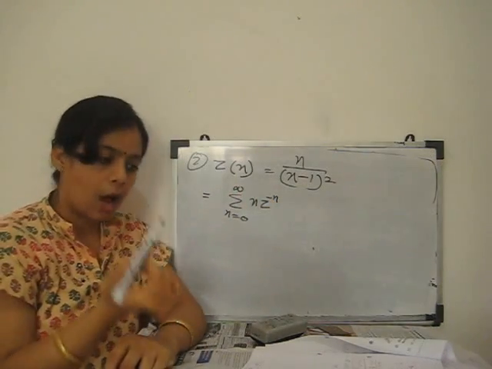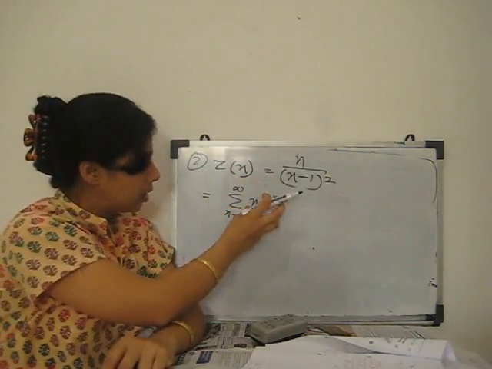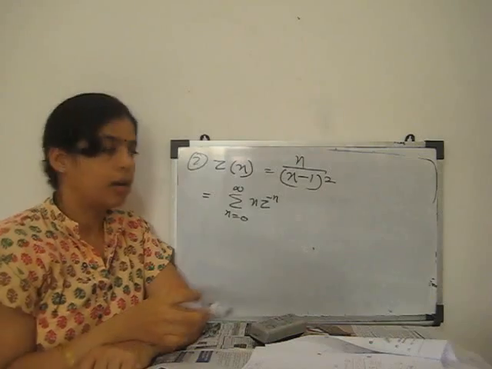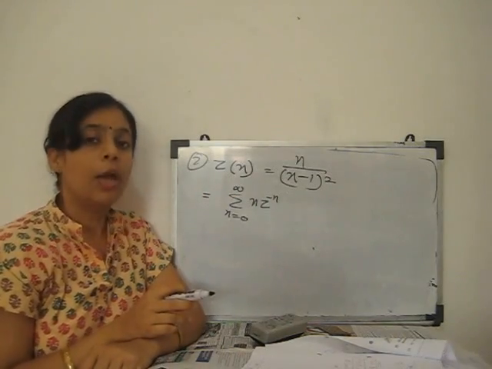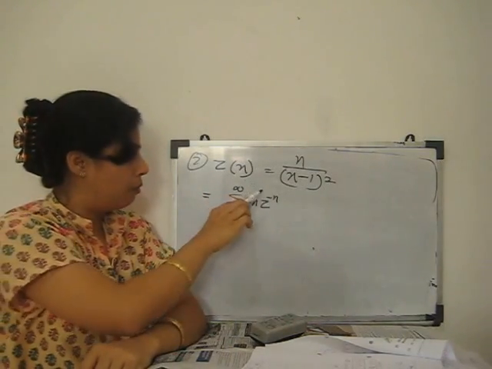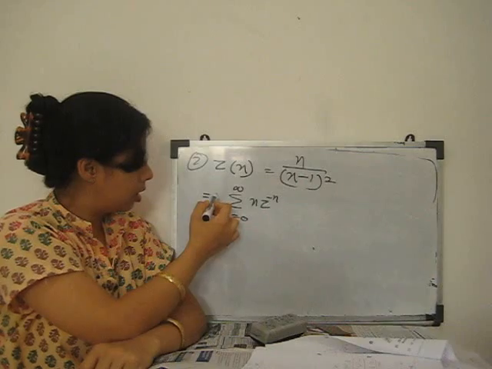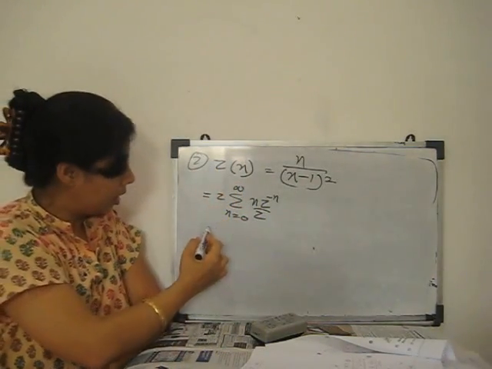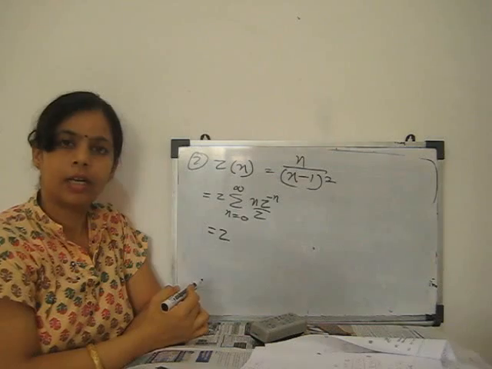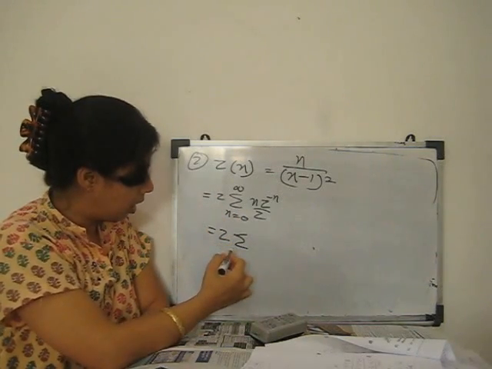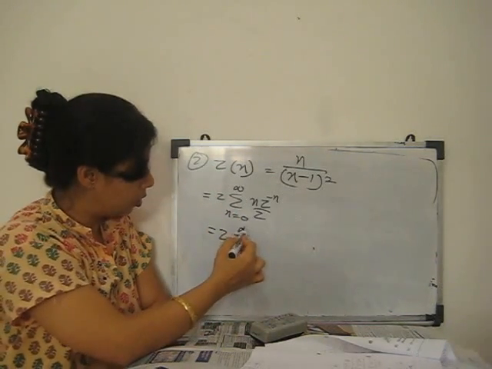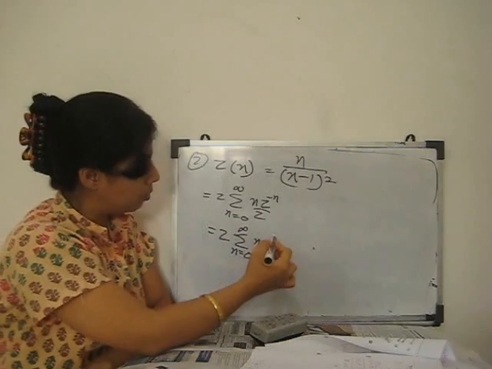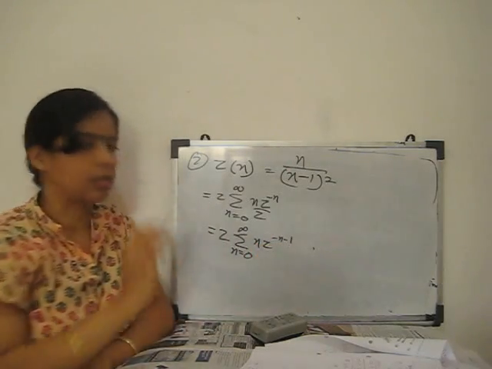Clear? Now this we cannot expand directly, so we multiply by Z here and divide by Z also. Clear? So what do we write? Rewrite it as summation n going from 0 to infinity, n Z to the power minus n minus 1.